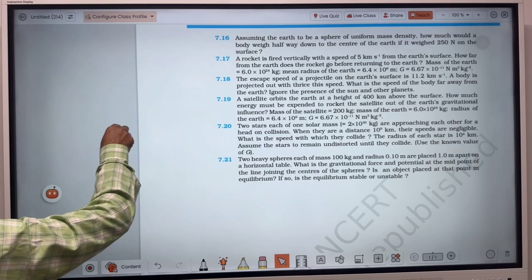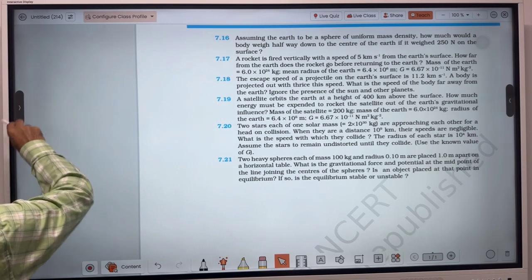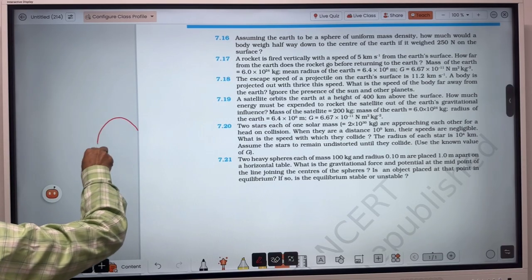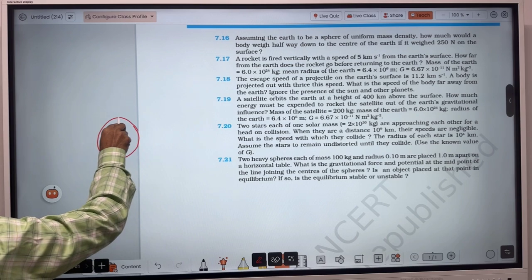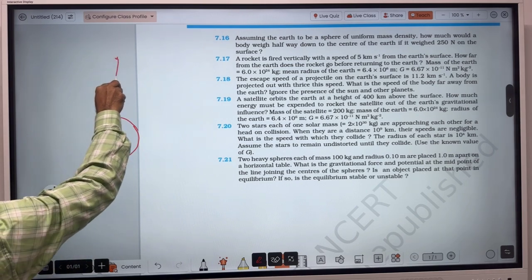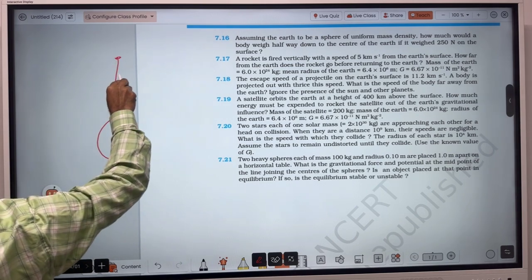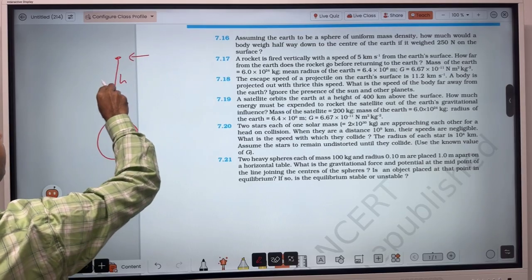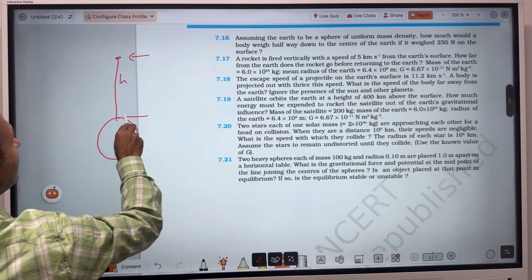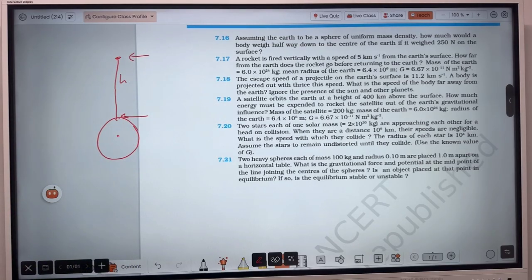The situation is like this: suppose this is the Earth, the rocket is here, and now it goes up to height h.